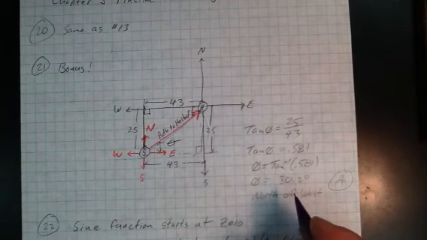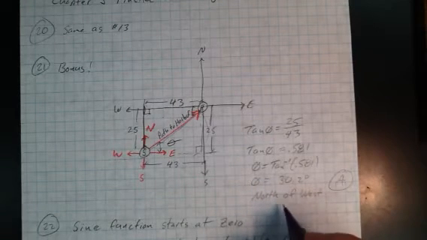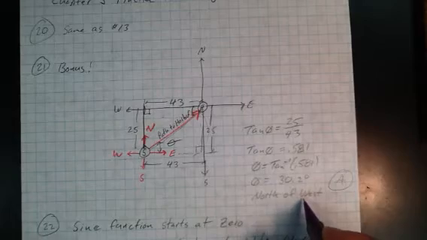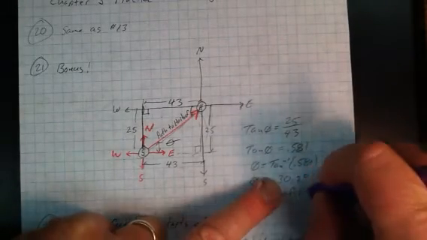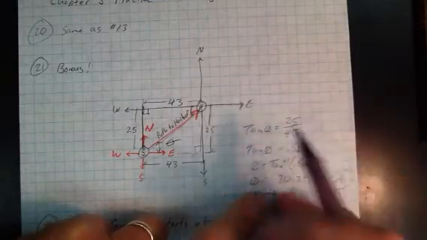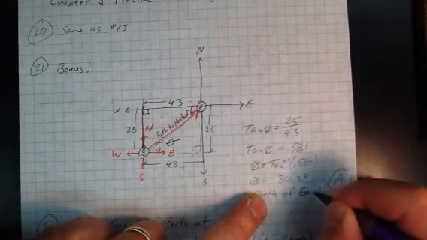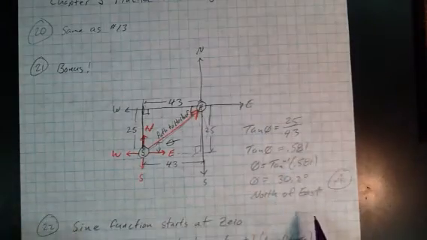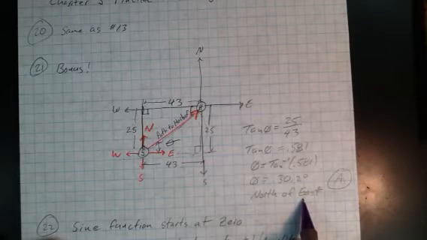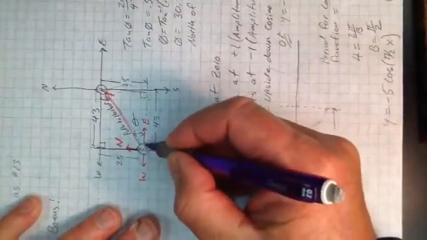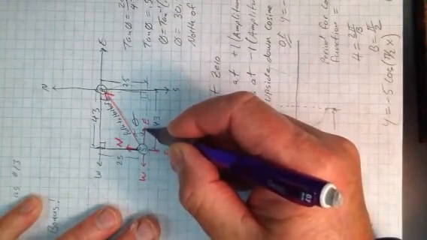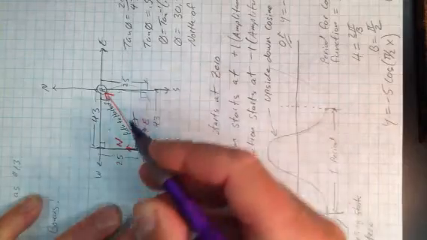Now, I find theta is 30.2 degrees. Now, I call that north of, oops, it's north of east, not north of west. And how do I figure that out? The second word, east, is the direction I'm facing. For instance, I'm on my ship, I have my compass, and I'm facing east.